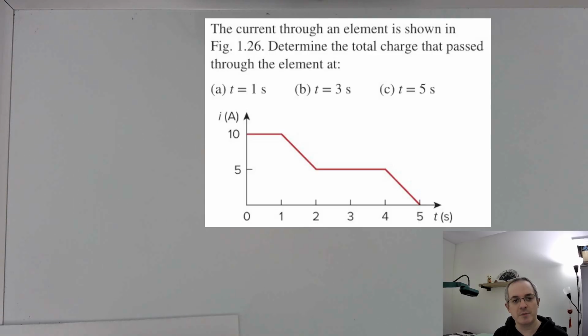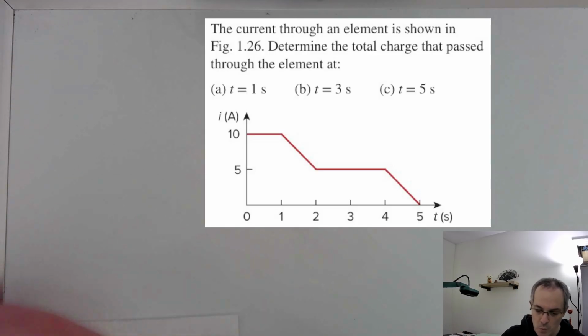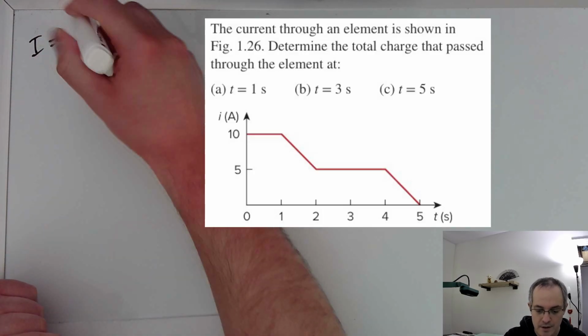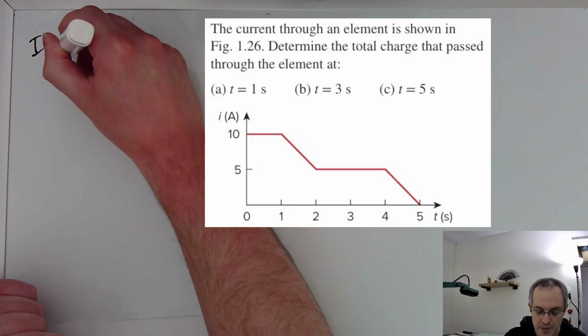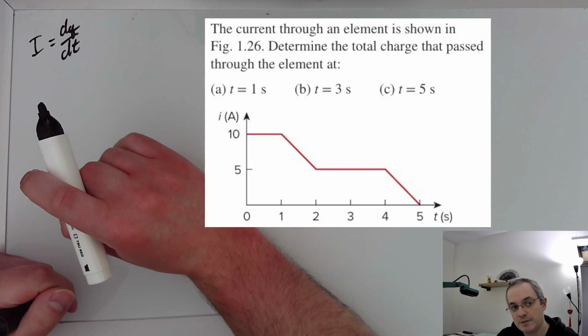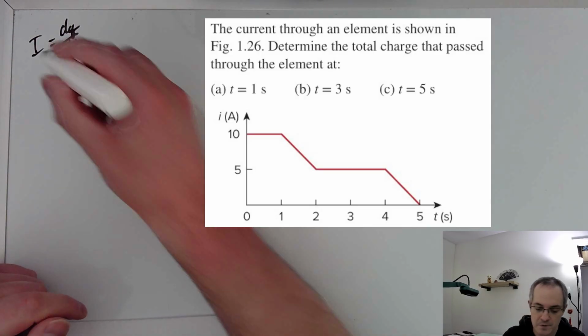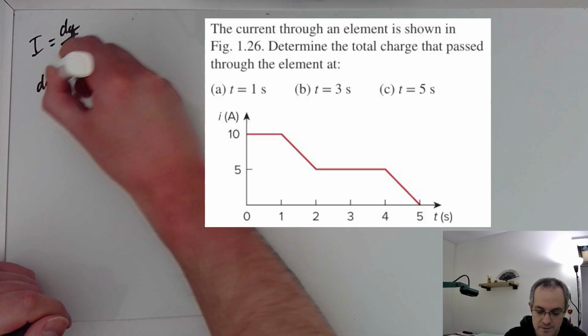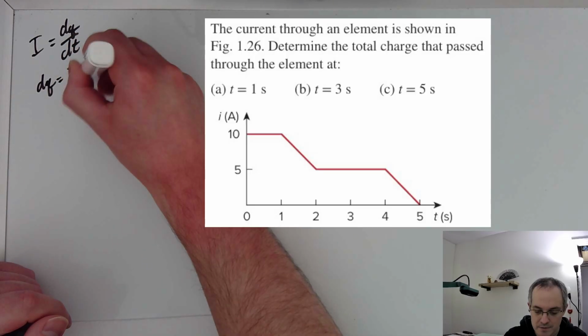So I think that's what they're talking about, and we know that the current is dq by dt. And if you've seen some of the other problems that we're going through here, then you know that therefore dq is I dt.